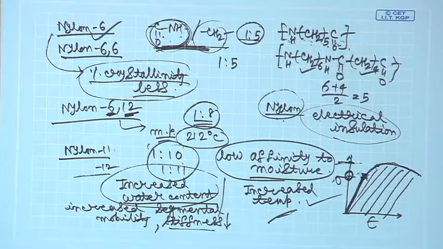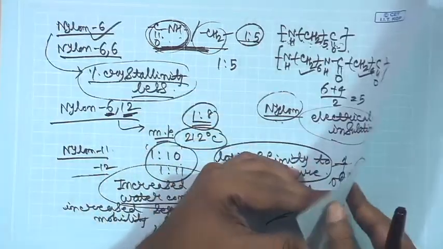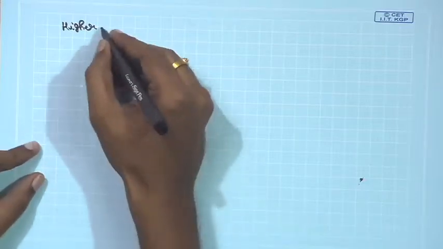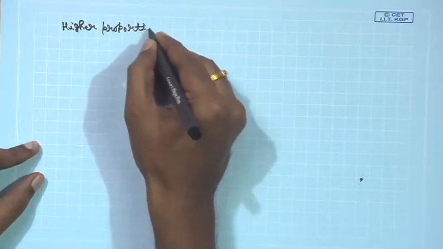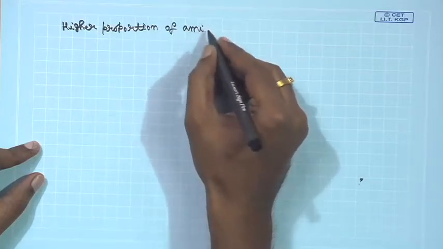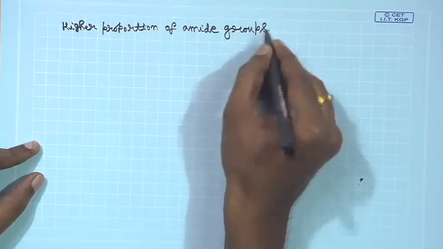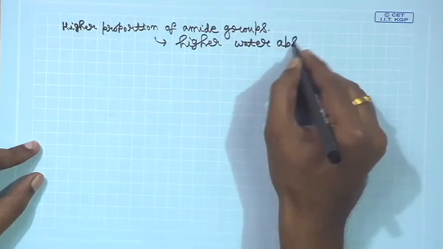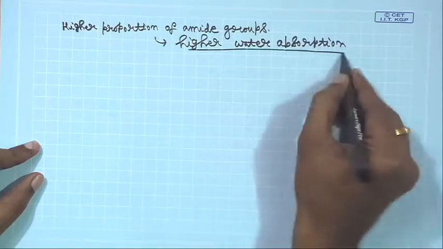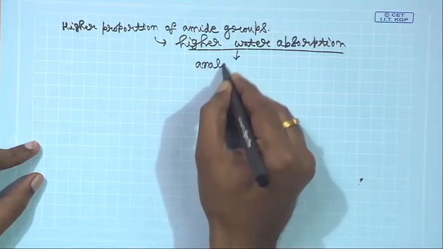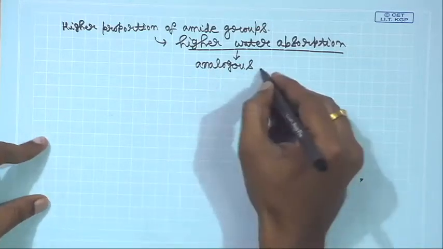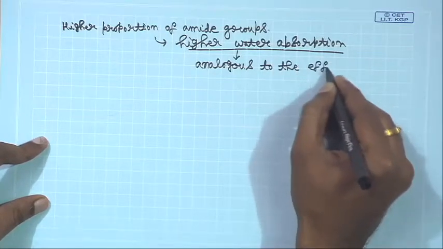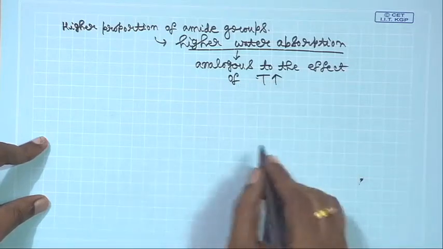In effect, if we have to summarize this particular part, we could say something like this: a higher proportion of amide groups leads to higher water absorption, and the effect of higher water content is basically analogous to the effect of an increase in temperature.